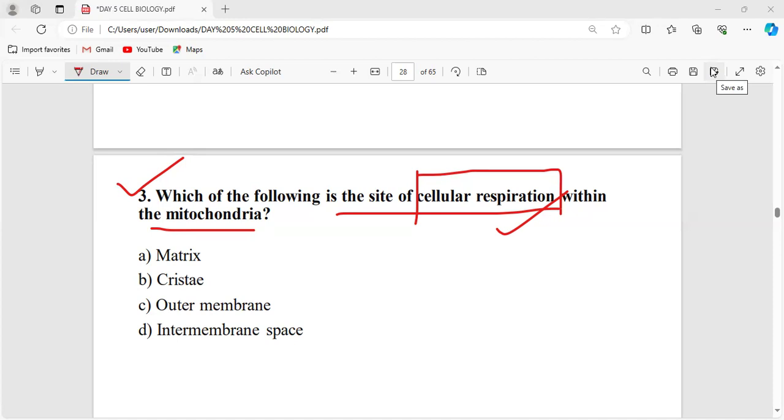Then where will the electron transport chain be happening? Inner mitochondrial membrane. Now the question is, which of the following is the site of cellular respiration within the mitochondria?